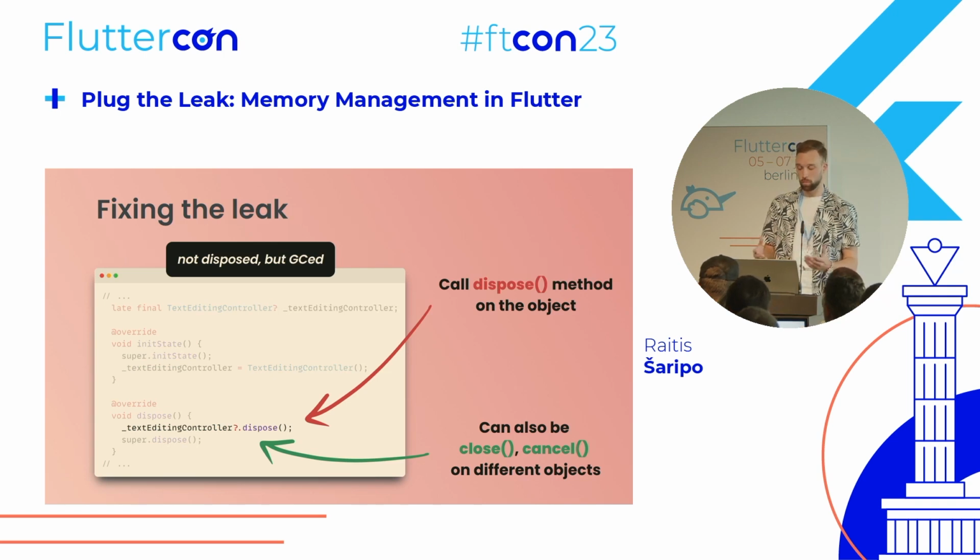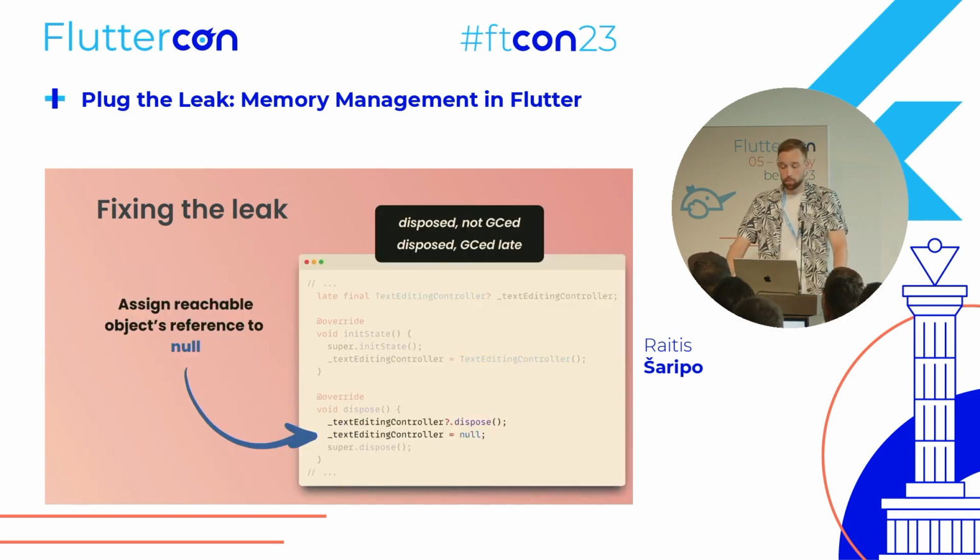This method can also be close or cancel on different objects, like subscriptions or stream controllers. For objects that were disposed but not garbage collected, or were garbage collected later than they should have been, you need to assign the reachable object's reference to null right after disposing of the object.